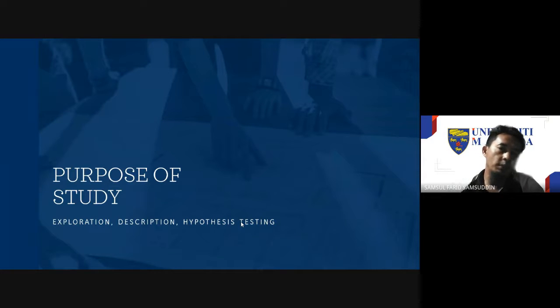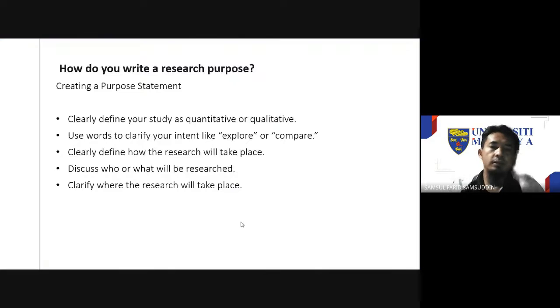Okay, based on the purpose of the study, we will go through exploration or description and hypothesis testing. Okay, how do you write a research purpose? When creating a purpose statement, you have to clearly define your study as quantitative or qualitative.